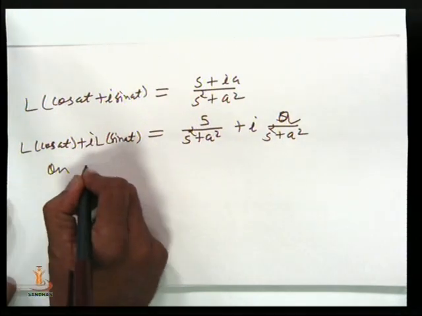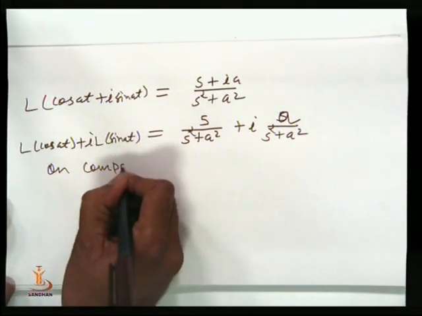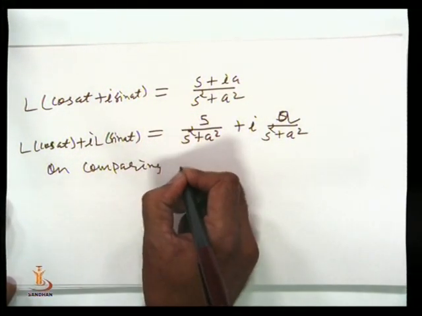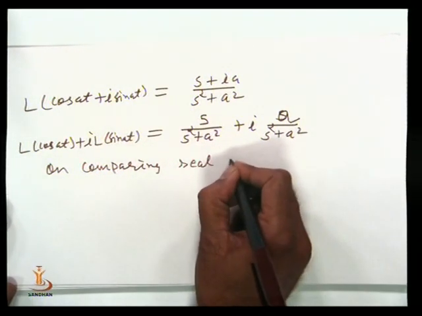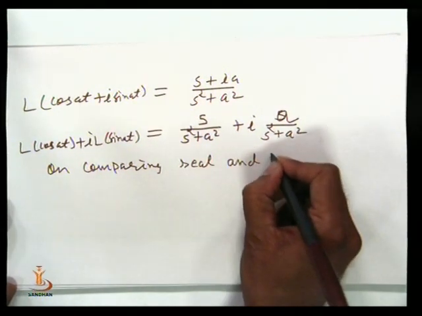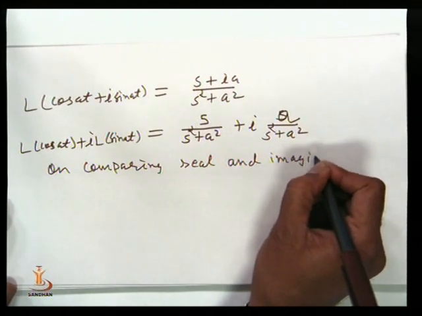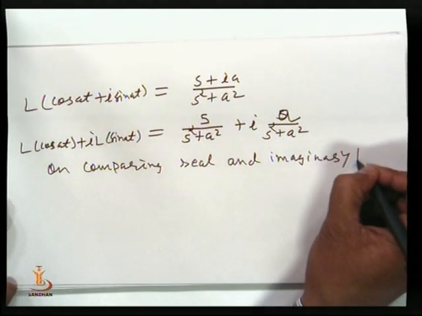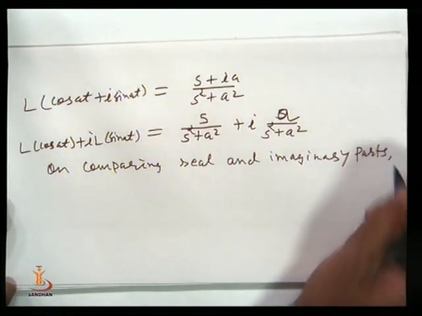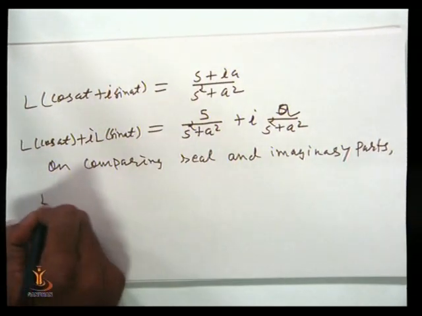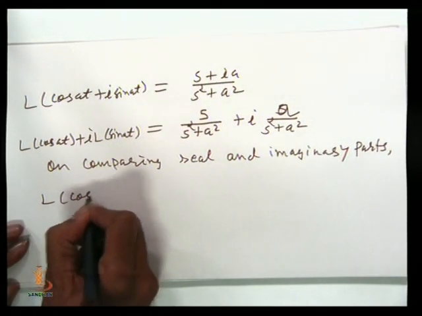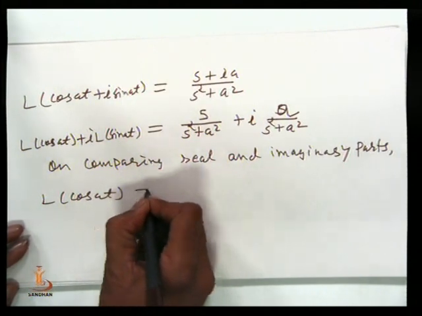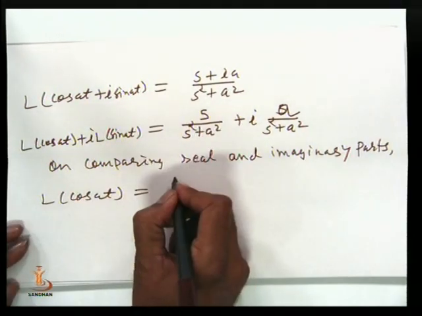On comparing real and imaginary parts, we get Laplace of cos at equal to s upon s square plus a square, this is real part and this is real part.